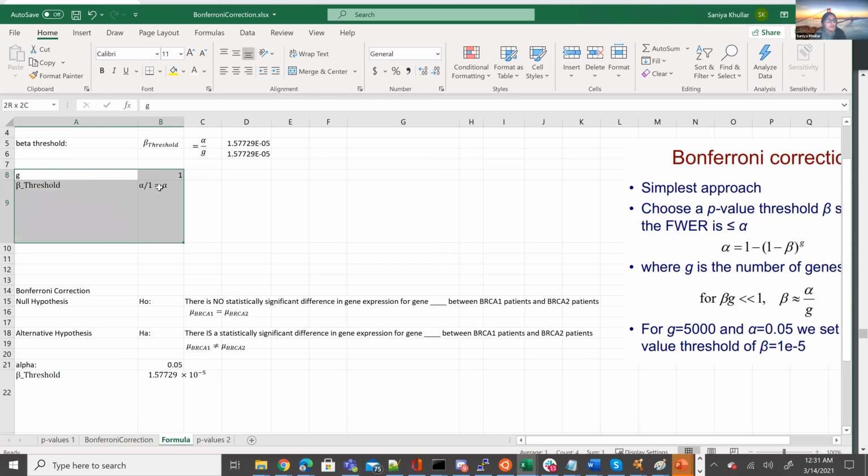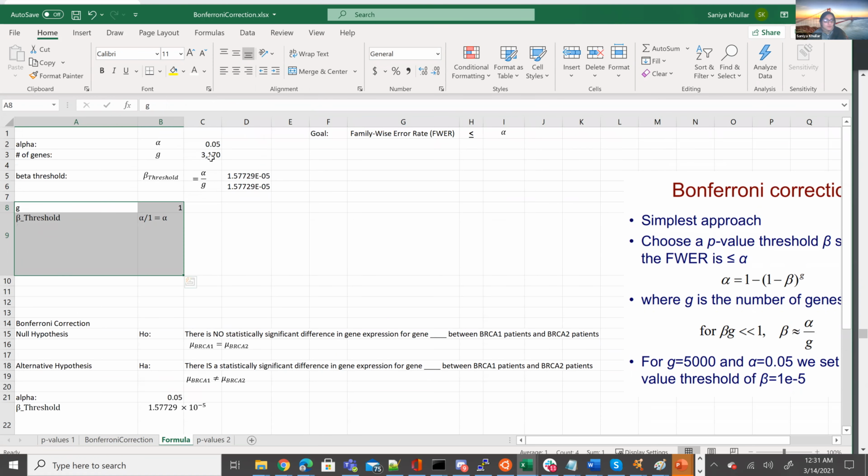So typically, if we just have 1 test, then our threshold is just our alpha, the 0.05 that we're using. We want to have a family-wise error rate of 0.05. So we want our family-wise error rate to be less than or equal to alpha.